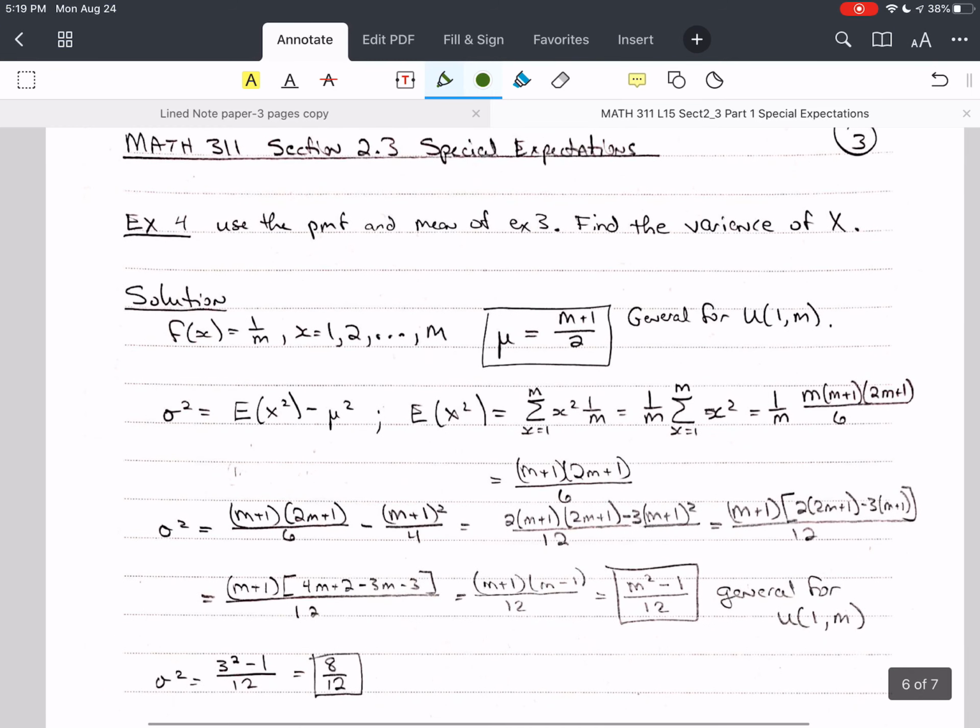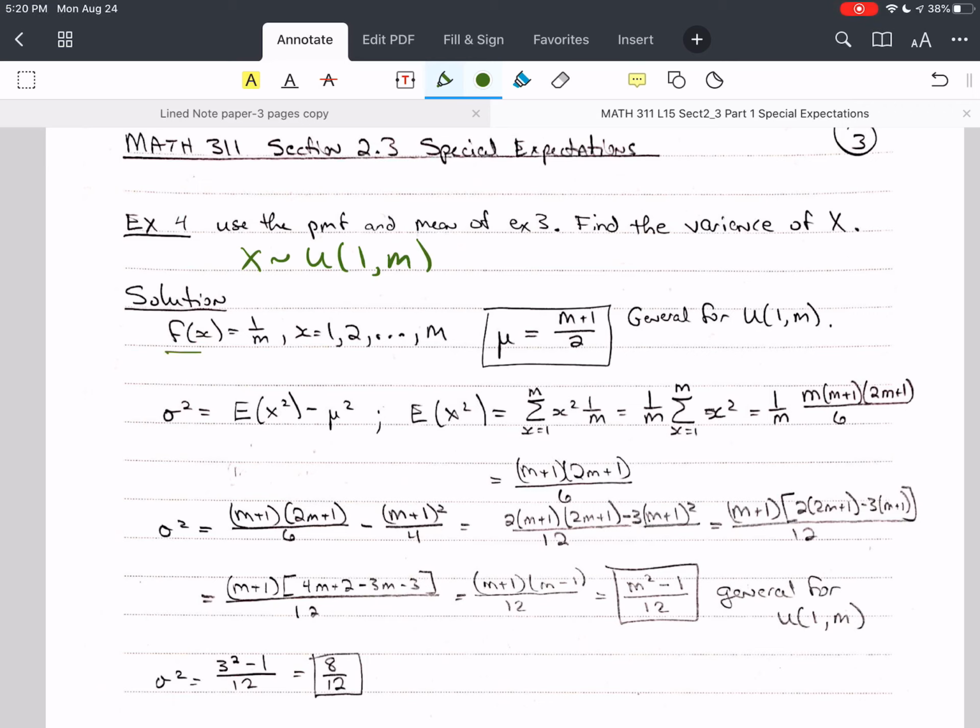Example 4, let's use the PMF and the mean of example 3 to find the variance of x. So this is for the uniform distribution. By the way, a uniform x is u1m if it's discrete like this, and for the first m integers. All right.